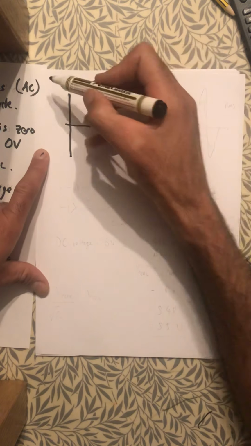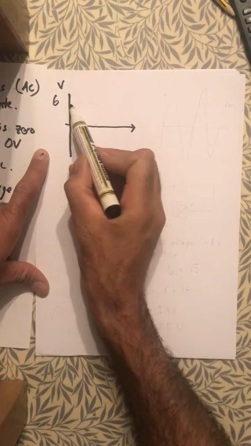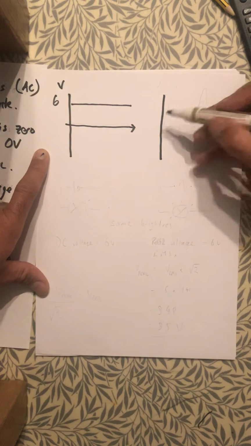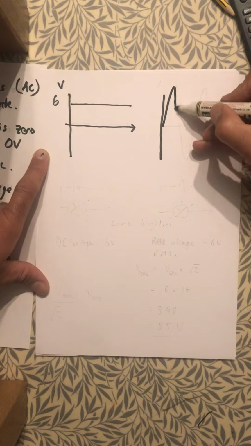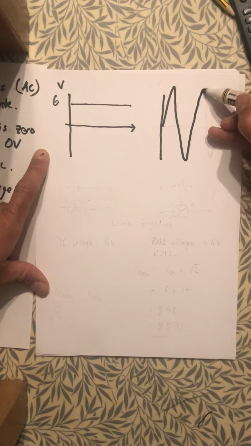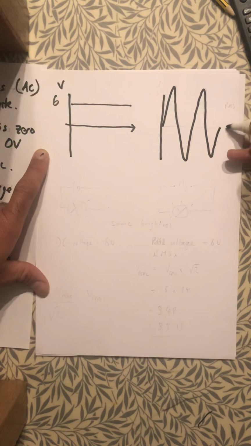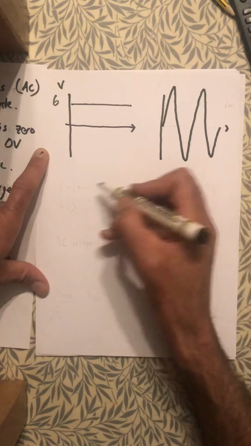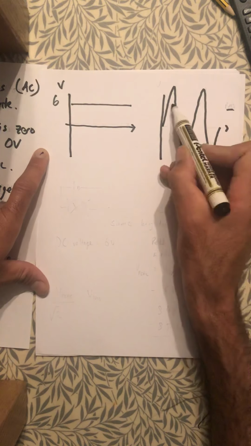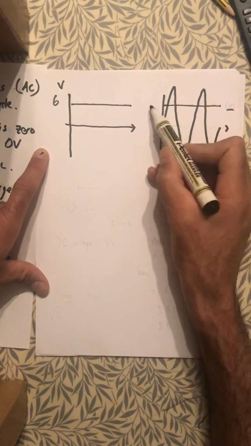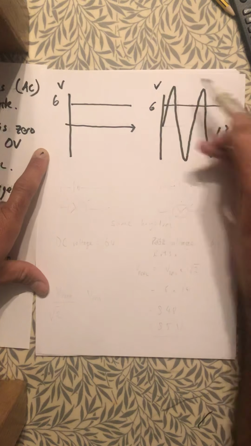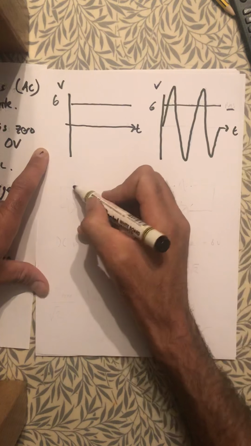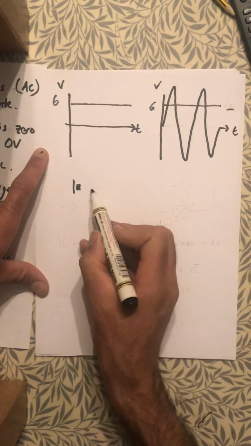so let's say I had a direct current supply that was 6 volts, which looks kind of like this, and at the same time I had an alternating current supply that was bigger, then if the root mean squared value for this was 6 volts, then let's have a look at the circuits for this.